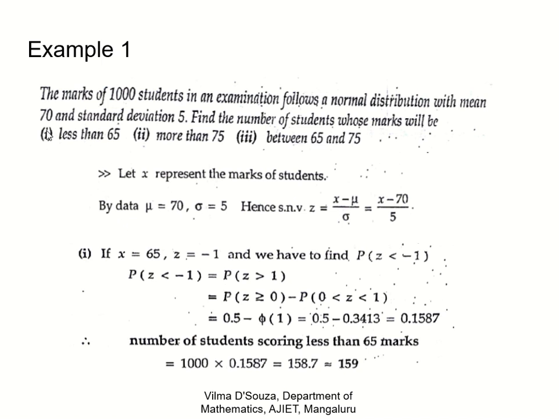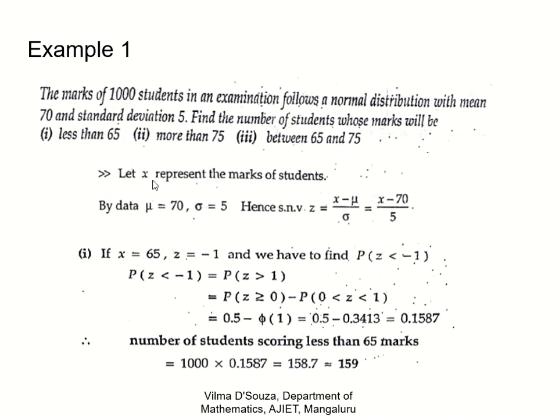By data, what is given? The mean mu is equal to 70, standard deviation 5. You know the normal distribution: the mean is mu and the standard deviation is sigma, right? So according to the given data, mu is 70 and sigma is 5.